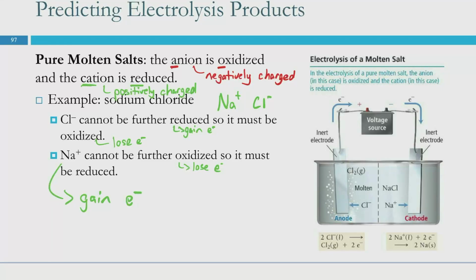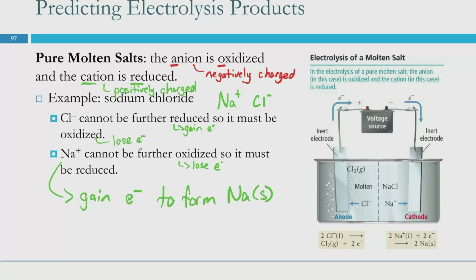So it can gain an electron to form sodium metal. And so we'll end up plating sodium onto our inert electrode as the sodium that's in solution picks up an electron and reverts back to its metal form. Or you can just memorize the anion's oxidized and the cation's reduced.